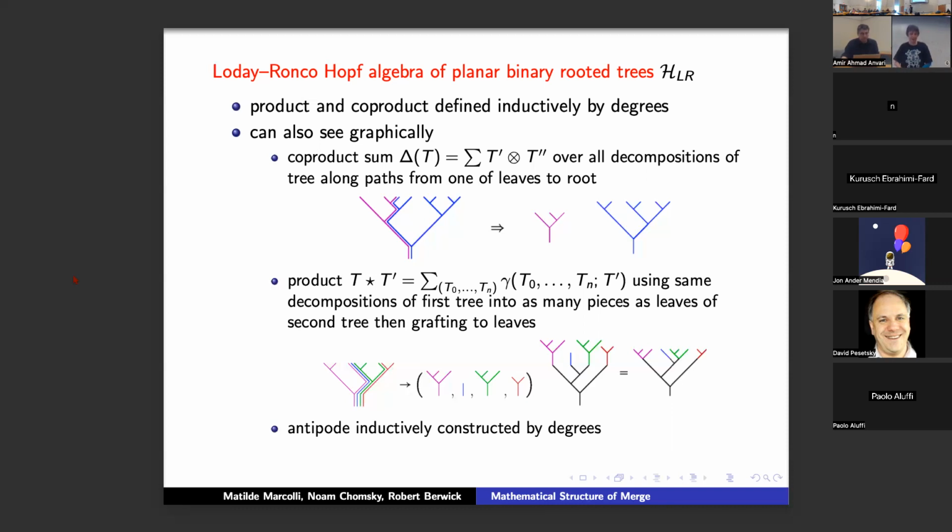So this product is not commutative, and it's very complicated. I have to tear apart one of my trees and then stack it on top of the other one. And the two sides of the product now play a very different role, not just the two sides of the coproduct.